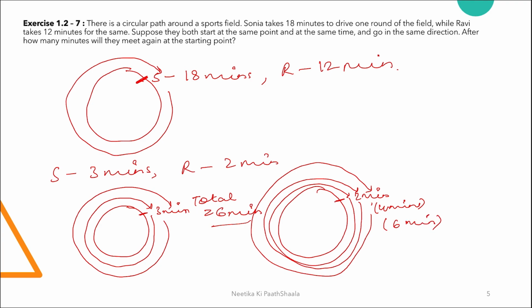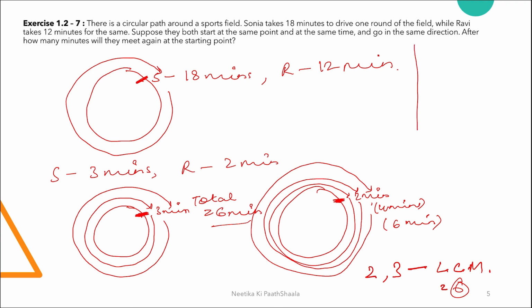So after 6 minutes वो भी starting point पे पहुंच जाएगा और after 6 minutes ये भी starting point पे पहुंच जाएगी. फर्क सिर्फ इतना है, इसने 2 rounds लगाए और रवि ने 3 rounds लगाए. So अगर हम देखें 2 और 3 का LCM क्या रहता है? 6. That means इन क्वेश्चन को सॉल्व करने के लिए you have to find out LCM of two given numbers.